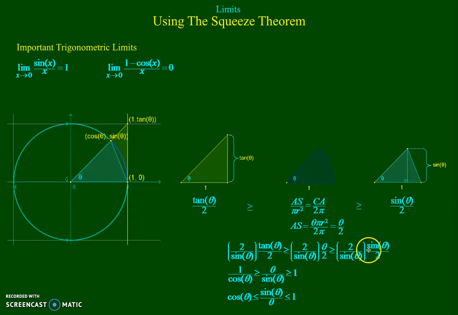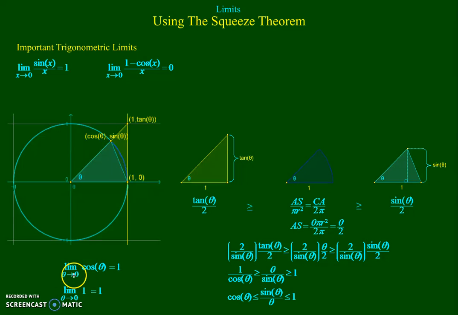And this is simply 1 on that side. Now in order to turn this into this expression, we simply take the reciprocal. And if we take the reciprocal of each one of these terms, we have to change this inequality. So here we have cos theta is less than or equal to sine theta over theta, which is less than or equal to 1. Now all we have left to do is evaluate these two limits.